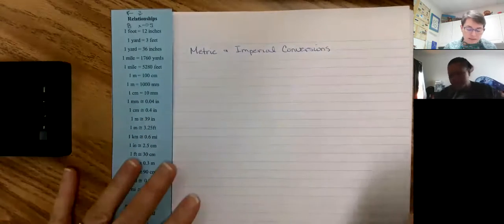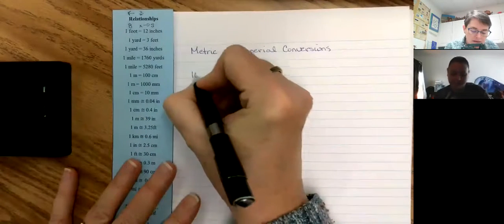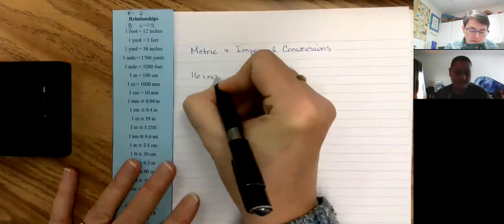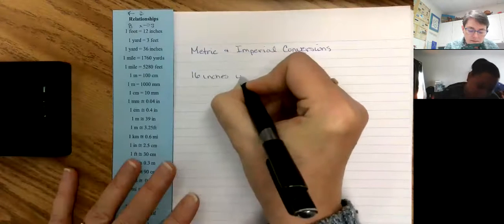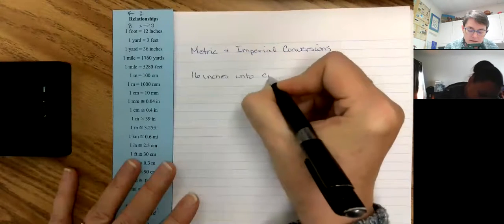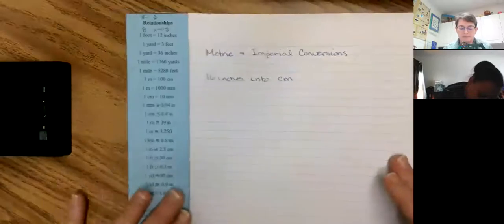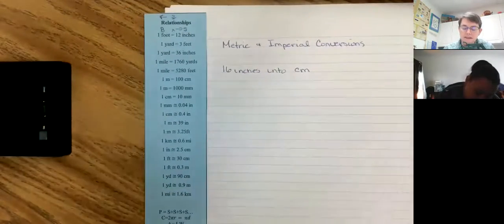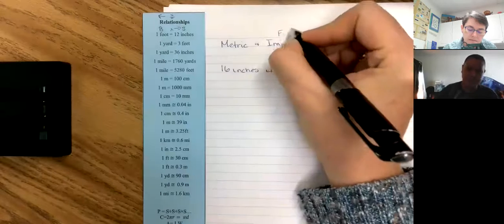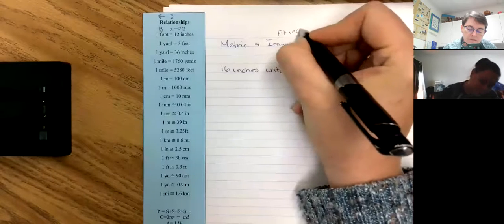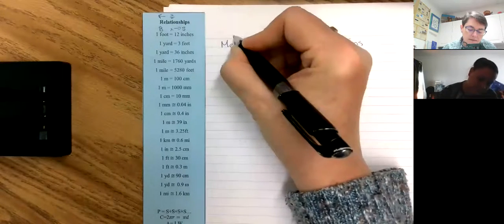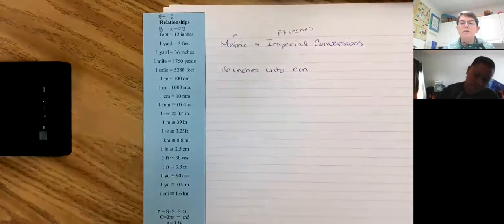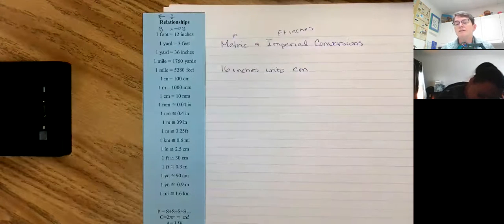So let's get to work here. Let's convert 16 inches into centimeters. So imperial is the feet and inches. And metric is millimeters and centimeters and stuff like that.